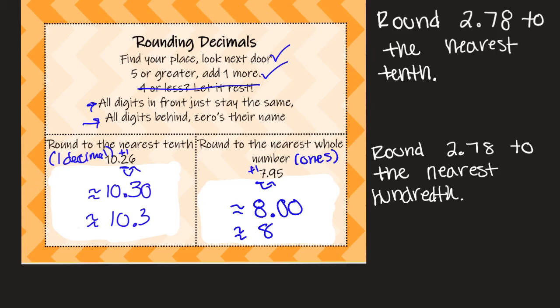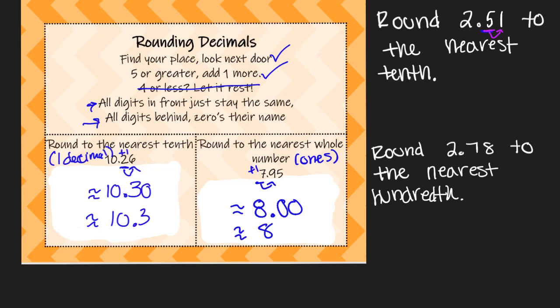Let's change this one. So on the side, I have some examples. Let's round 2.51 to the nearest tenth. So here's my tenths place. I'll make it a brighter color that we can see. Okay, I look next door. 5 or greater, add 1 more.